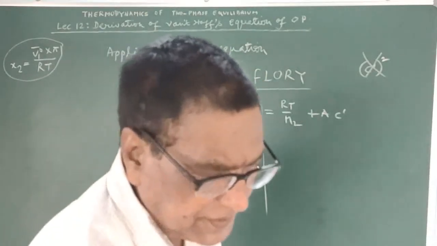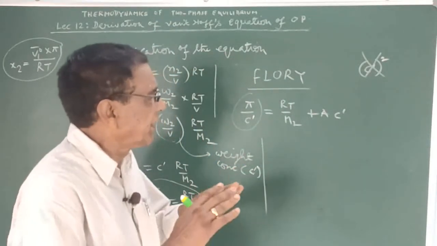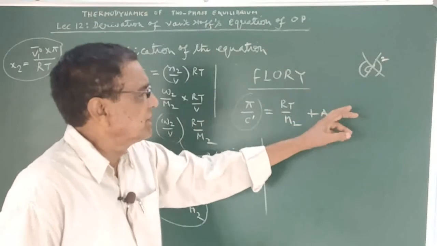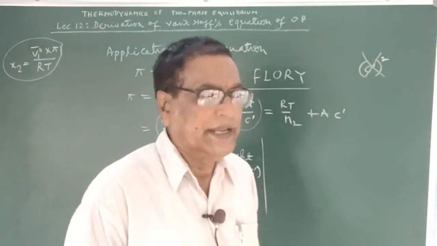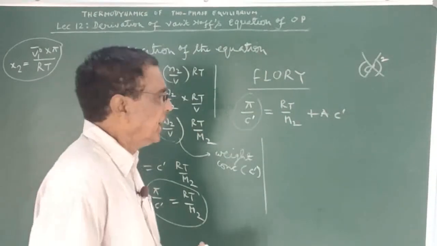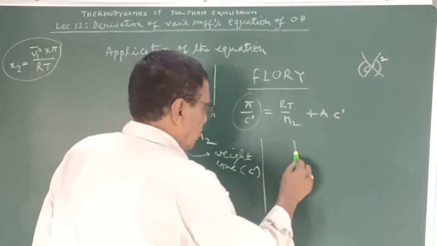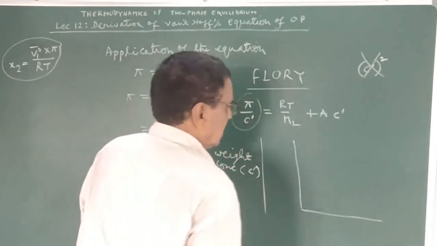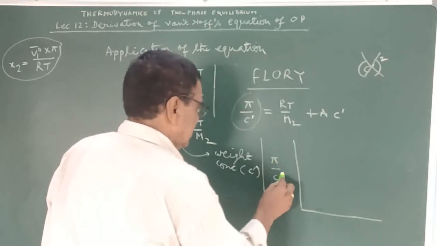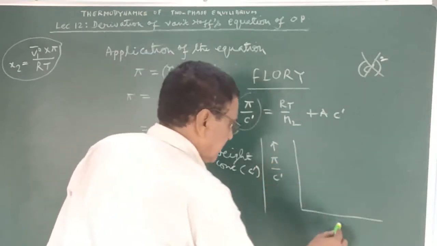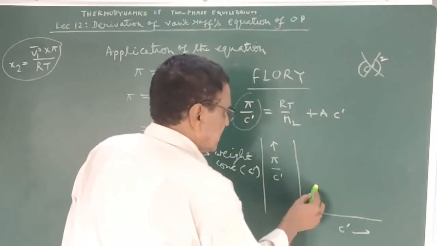Now we prepare polymer solutions of various weight concentrations at this lower end, and plot the collected data as pi divided by C dash against C dash. This will form a straight line.